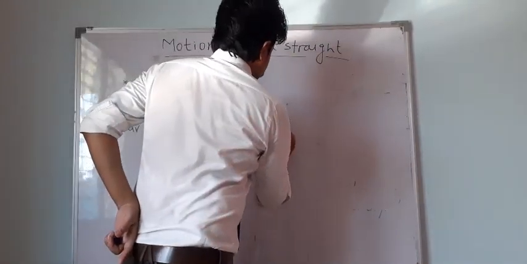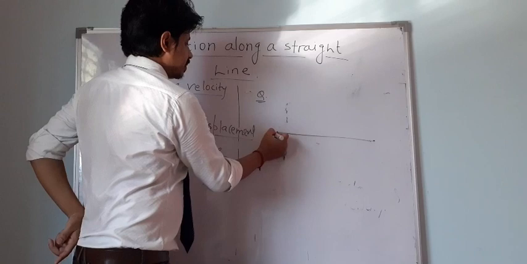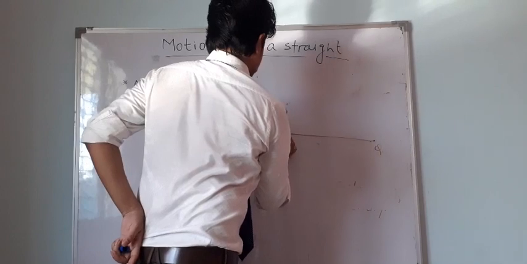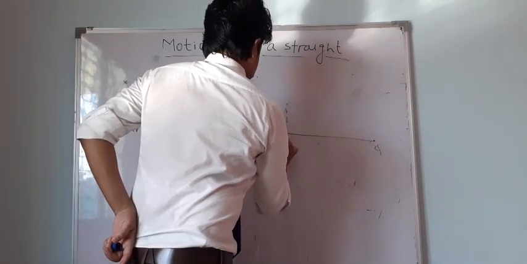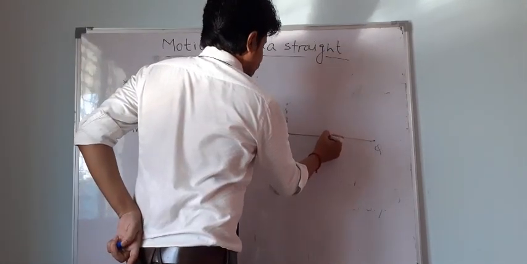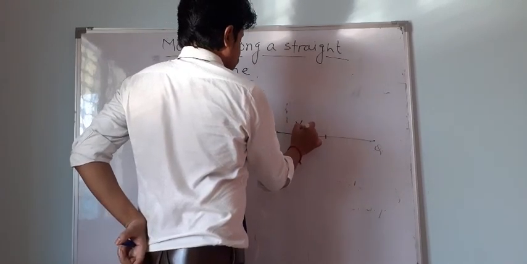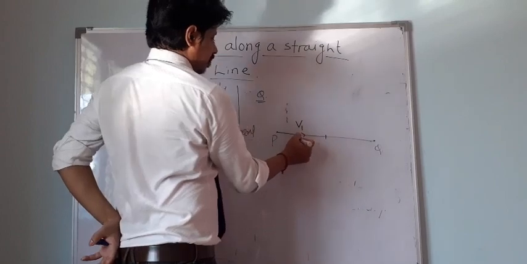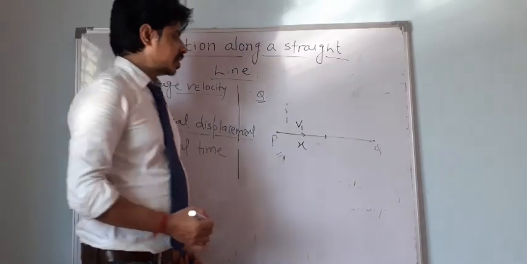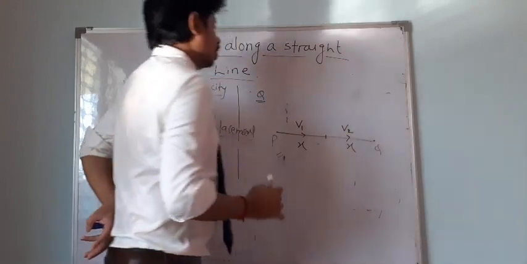Suppose an object or a particle starts from a point P and reaches a point Q, and half of the displacement it covers with a particular speed v1, and the second half with v2.